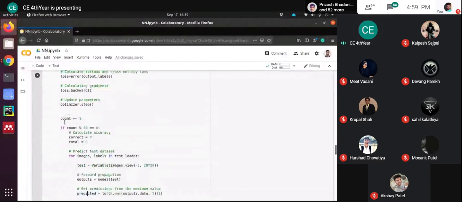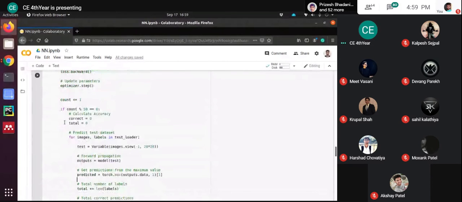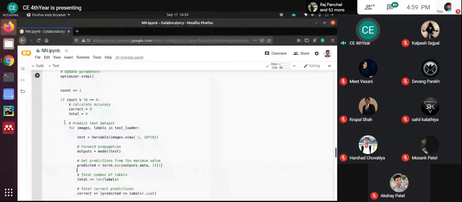For image as well as the label that we have right now, we'll recalculate the answer and we'll have the prediction from the maximum. If you can recall that particular slide where we have that pedestrian, car, bus, and that image, at that time we discussed that we'll find the maximum. I guess Devang has answered that, right?